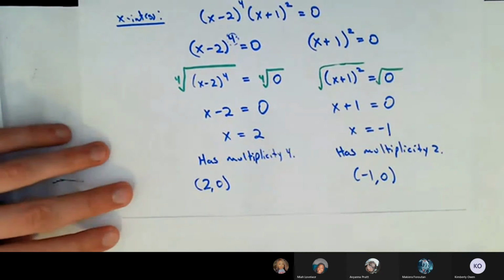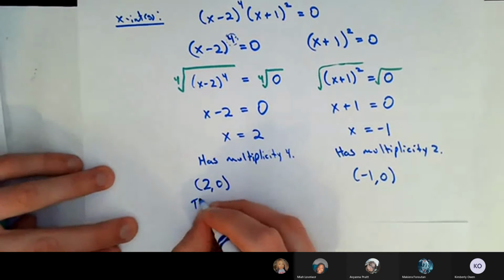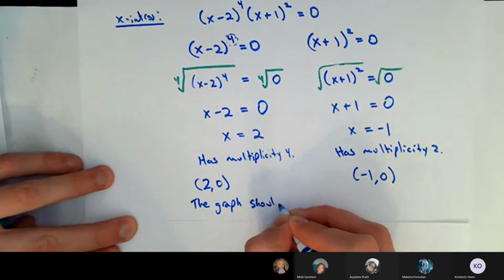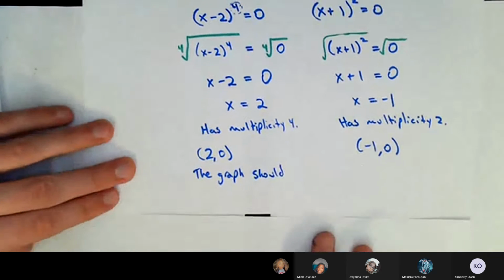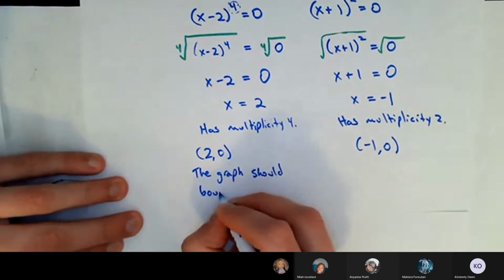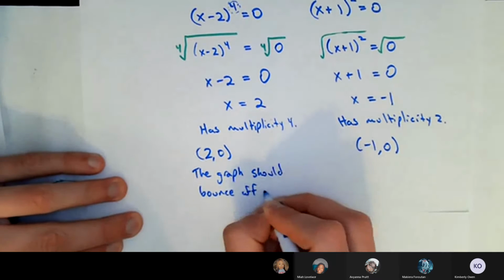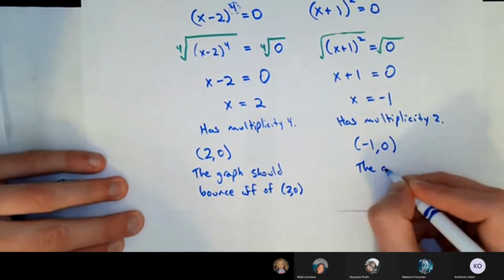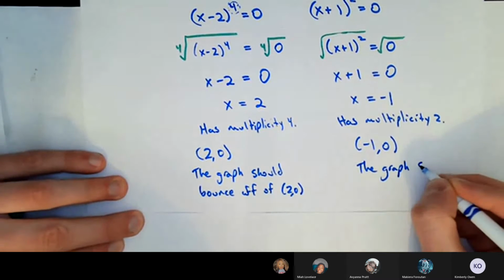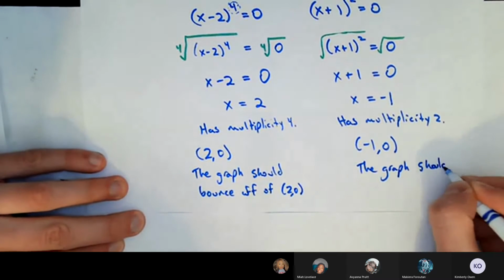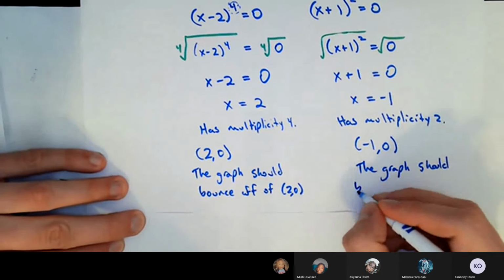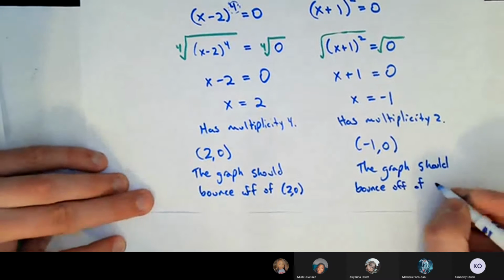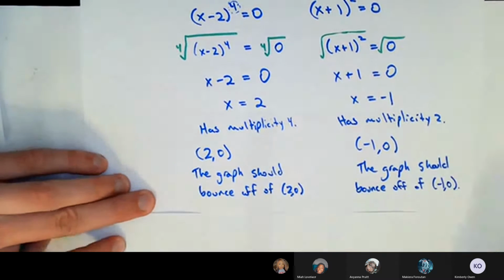That means that the graph should bounce off of (2, 0). And over here, since both of these have even multiplicities, the graph should also bounce off of (-1, 0).